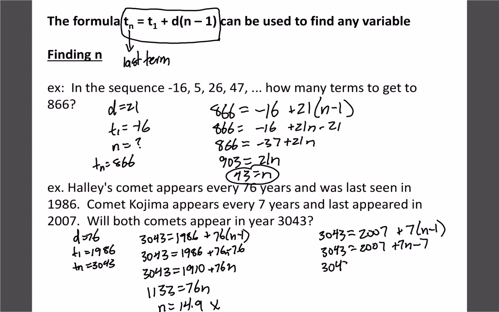So we'd have 3043 equals 2000 plus 7n. Move the 2000 over. So we have 1043 divided by 7 gives us 149. So that one will happen in 3043 because it's a whole number. Halley's Comet won't because we get a decimal.